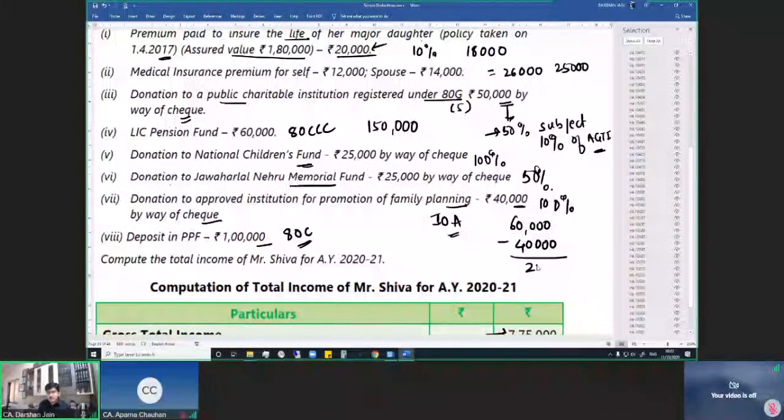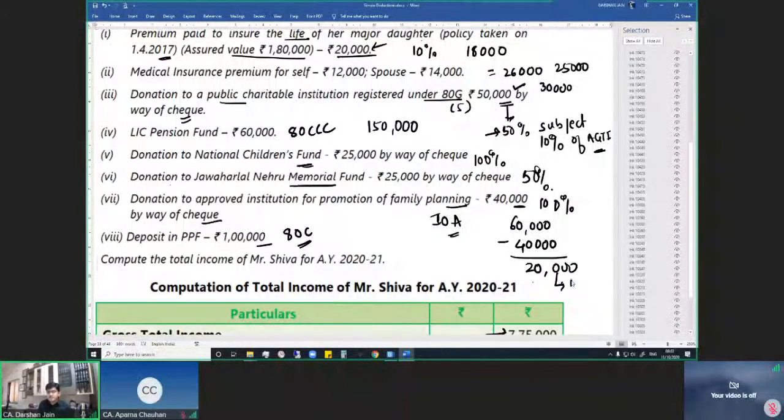So what remains is only 20,000 rupees. And this 20,000 rupees would be consumed for the donation given to another public charitable trust, which is approved under section 80G5. Right. So we'll let the 30,000 rupees of donation lapse. What we claim is only 20,000 rupees.